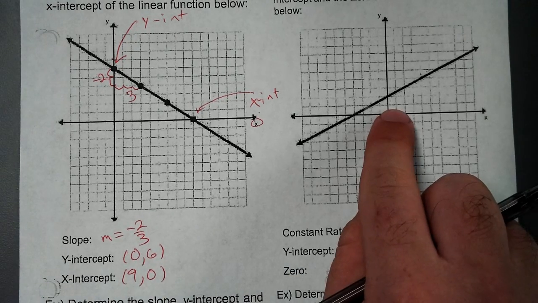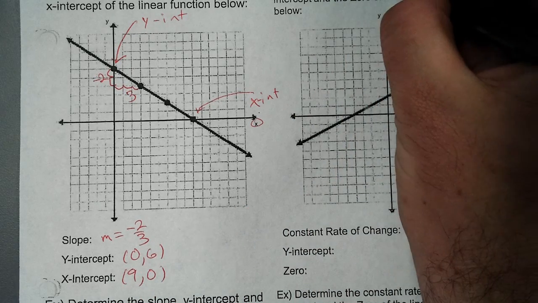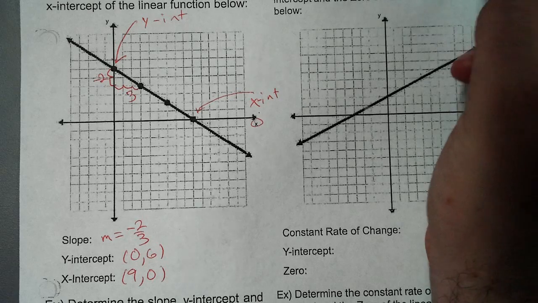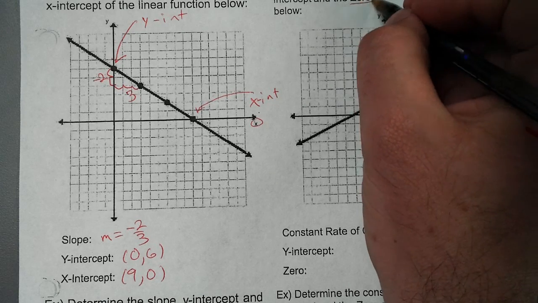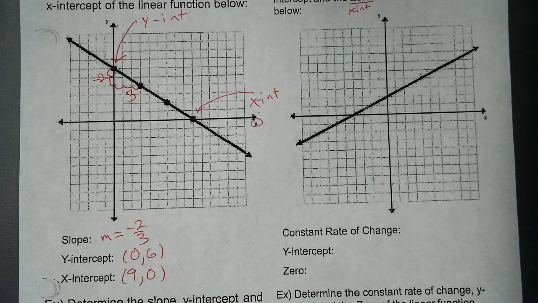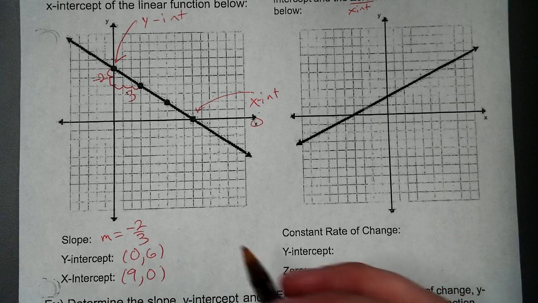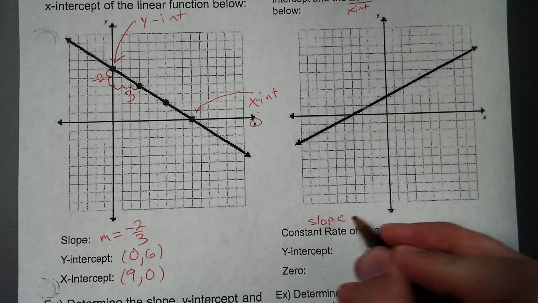Now, on this other graph, it says determine the constant rate of change, which is the what? That's the slope. The y-intercept and the 0. Well, remember, 0 is the x-intercept. So over here, constant rate of change, that's also known as the slope.